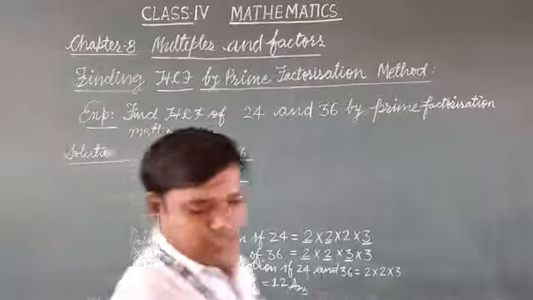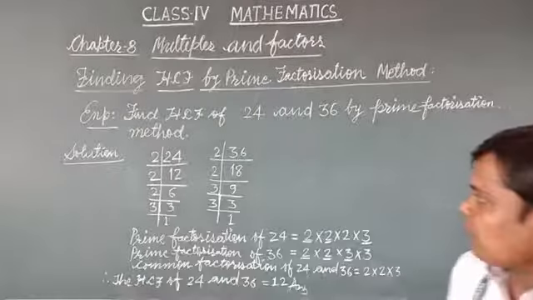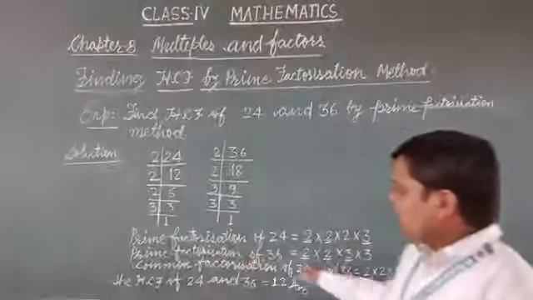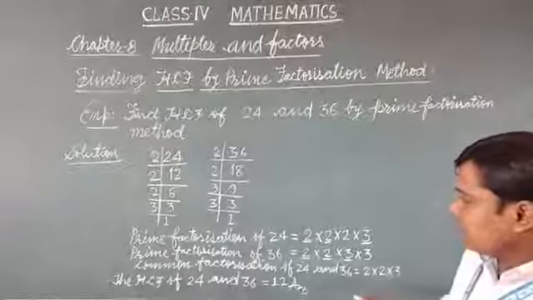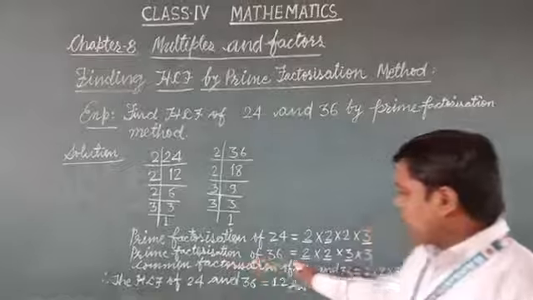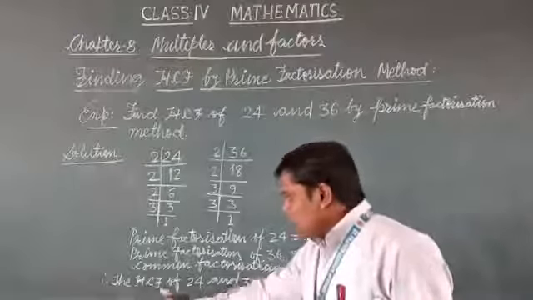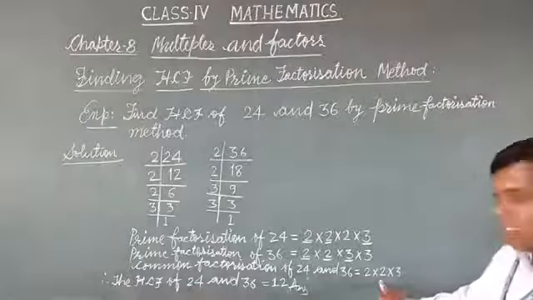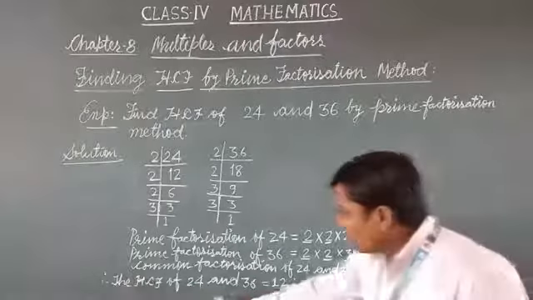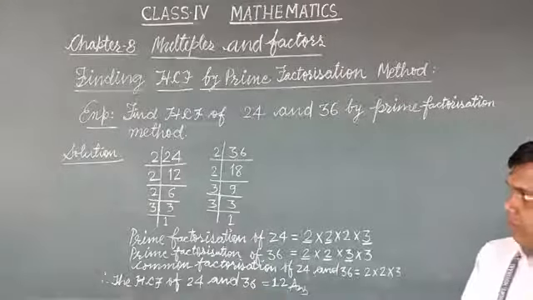If other numbers are given to you, you will first of all write the prime factorization of the numbers, then you write the common factorization, thereafter you multiply the common factorization to get the HCF of the given numbers.